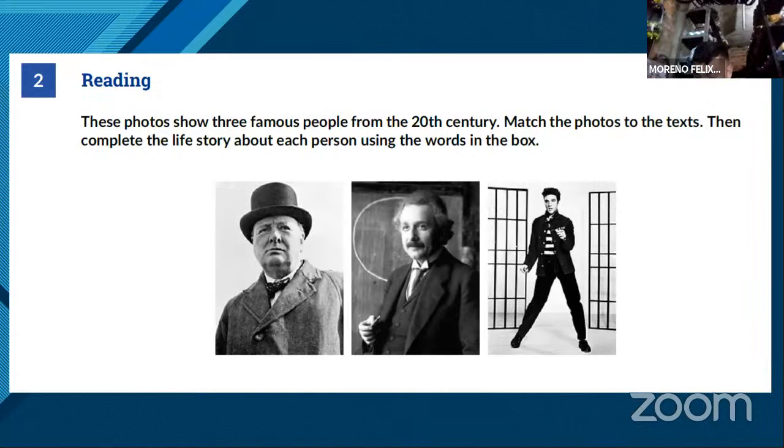He was Albert Einstein. He was physical. He was Elvis Presley. He was famous of singers. Okay, interesting. Thank you, sir.